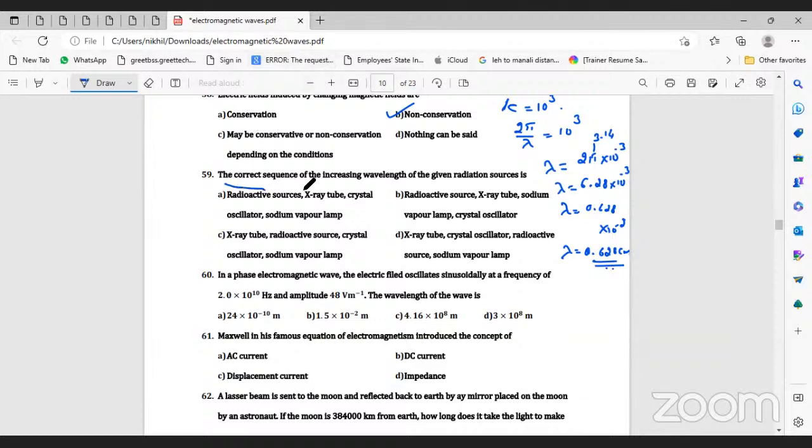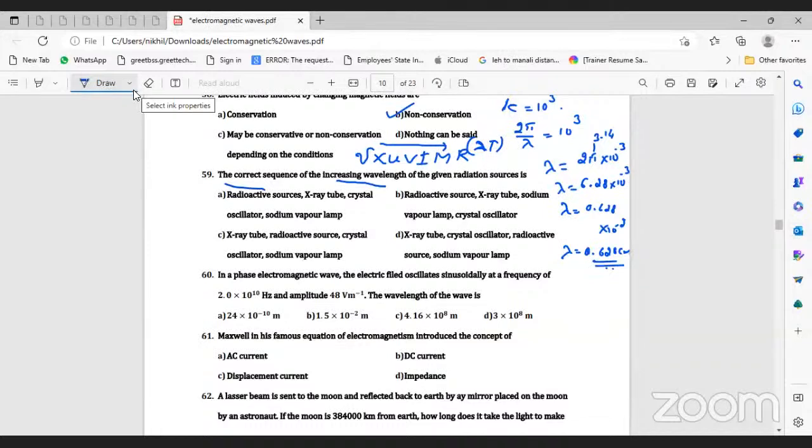The correct sequence of the increasing wavelength of the given radiation is, this is radio waves, microwaves, infrared, visible, UV, X-ray, gamma. As we move from gamma to radio waves, you get the increasing order of the wavelength.